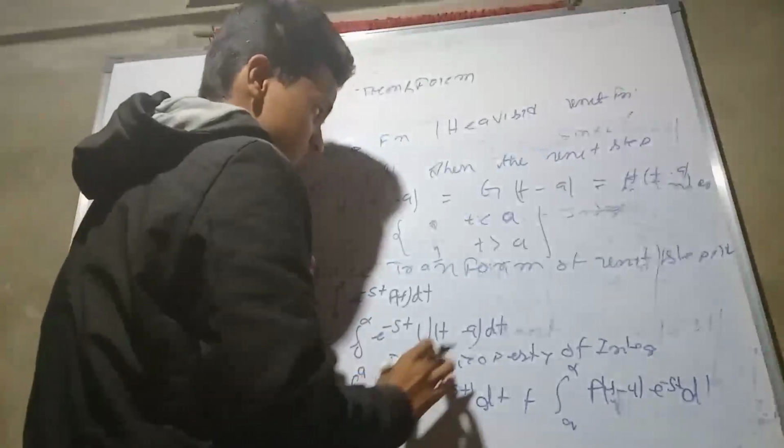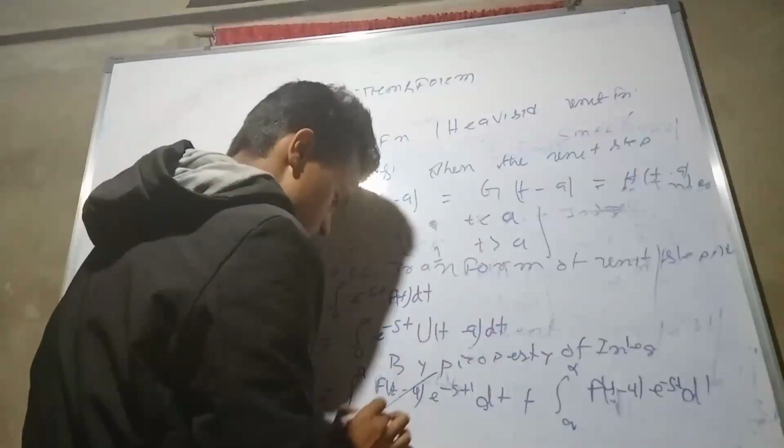Here, what is the value of f of t? It is 0, so that will give 0.